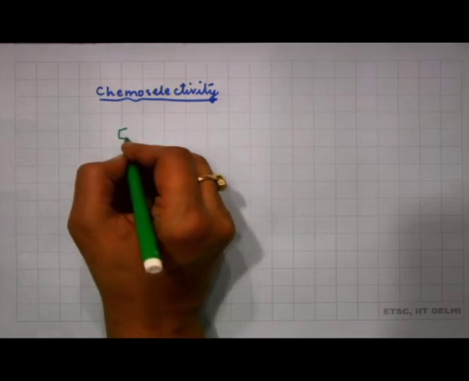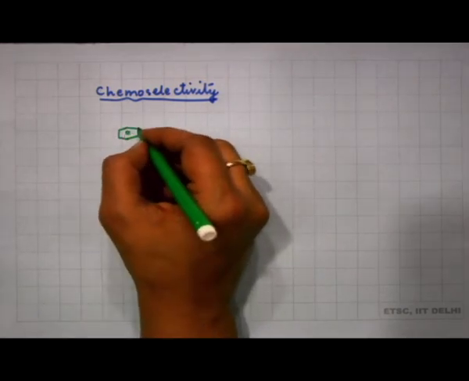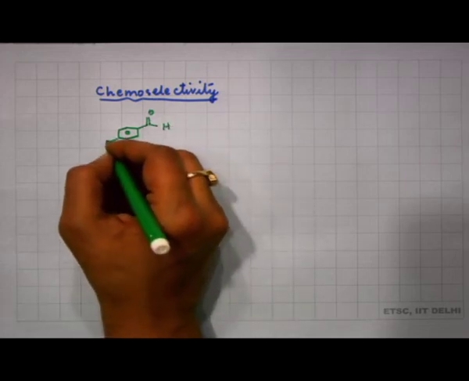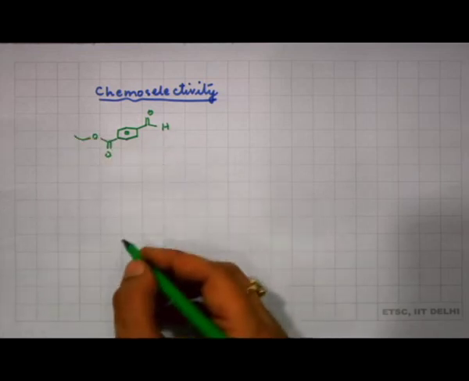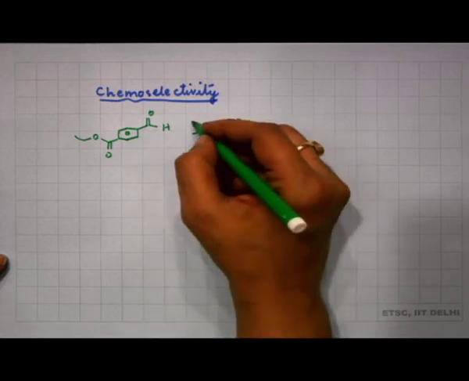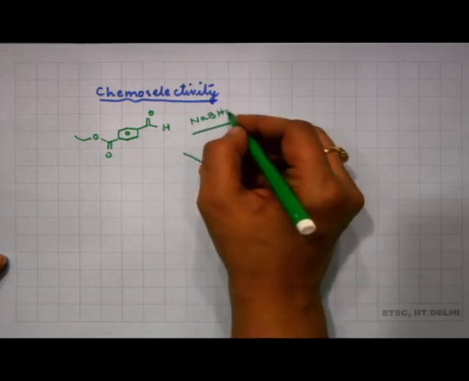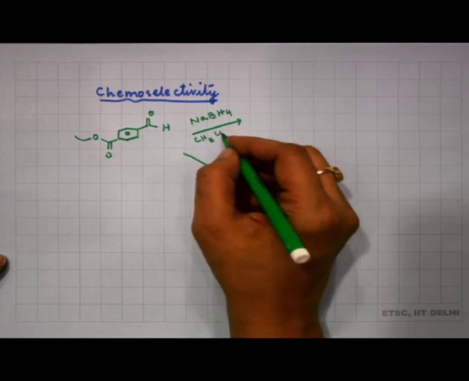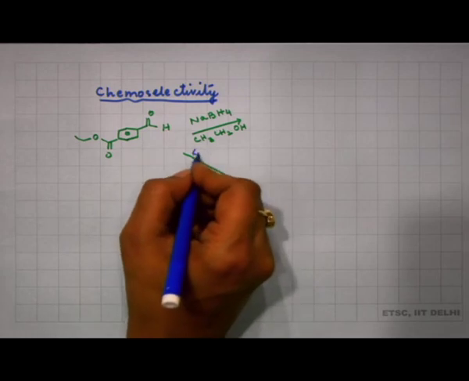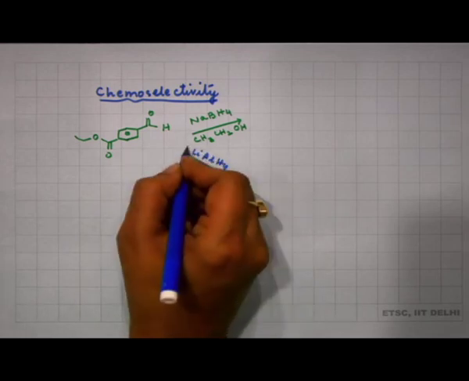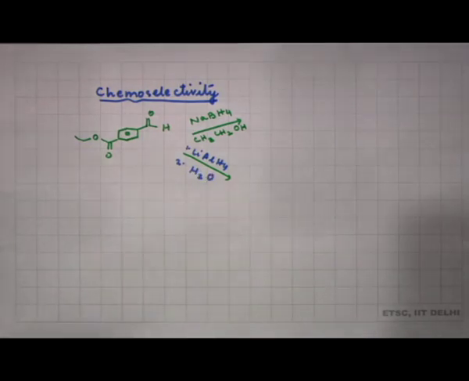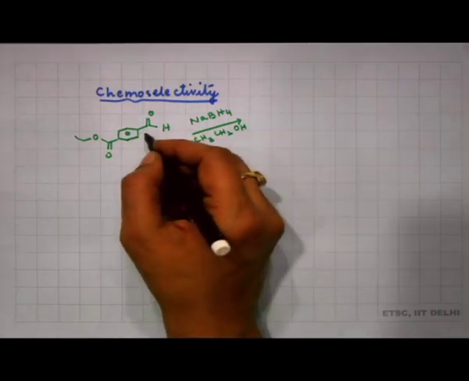So, if you start with any substituted benzaldehyde, let us say this benzaldehyde has an ester functionality, you treat it with sodium borohydride in ethanol, or you treat it with lithium aluminum hydride followed by protonolysis. The expected product would be in both the cases the reduced aldehyde for sure.